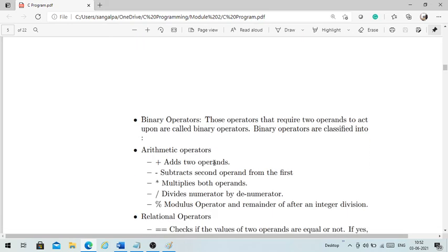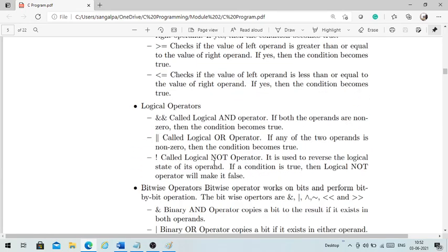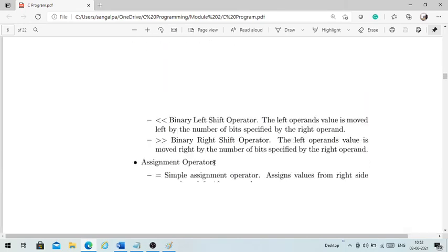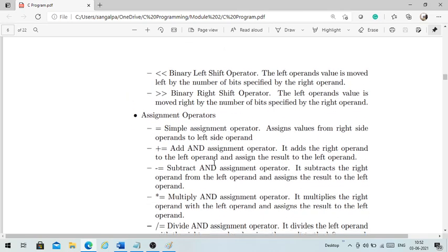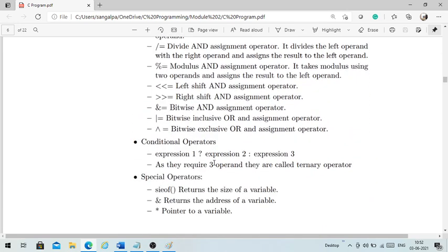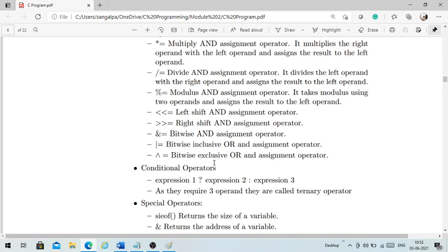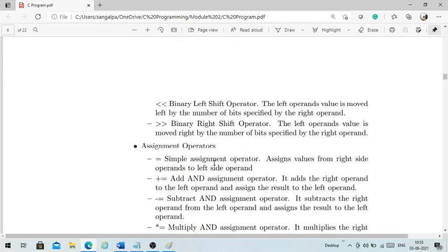Then binary operators: arithmetic, relational, logical, bitwise, and assignment operators. Then in the case of ternary, we have the conditional operator. And finally, we discussed the special operators available. So these are the tokens available in C.